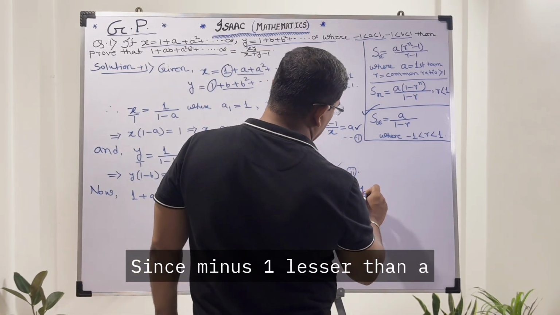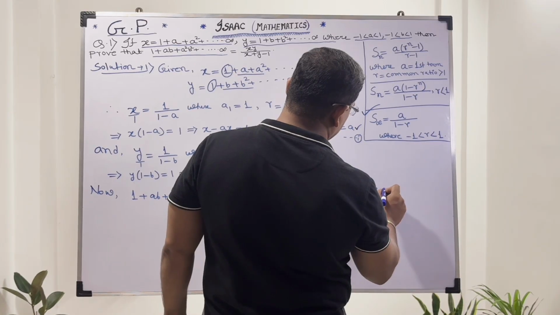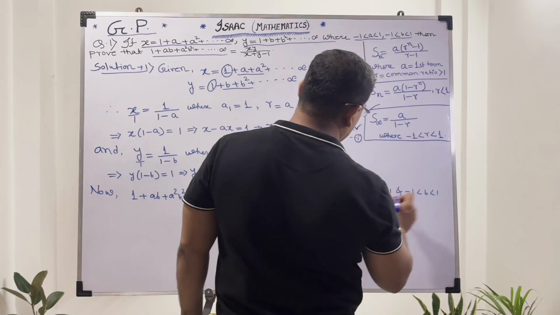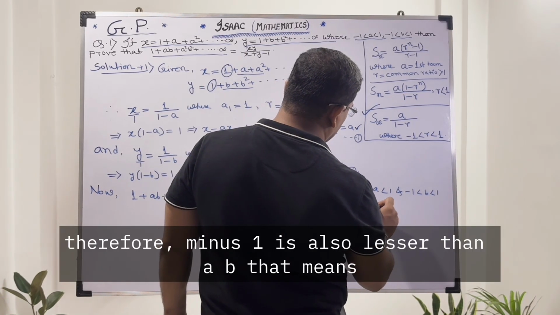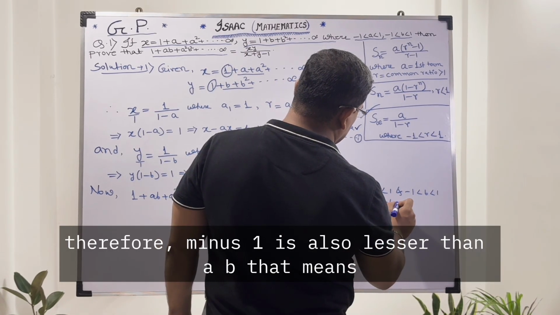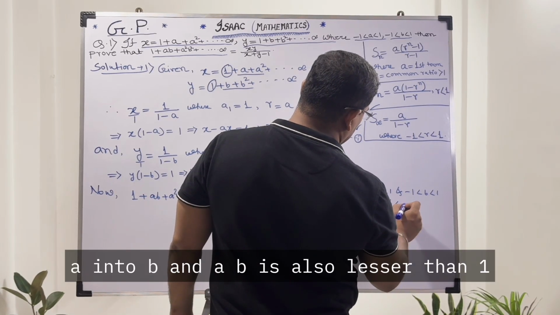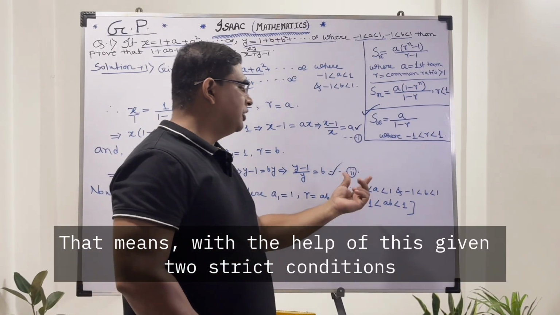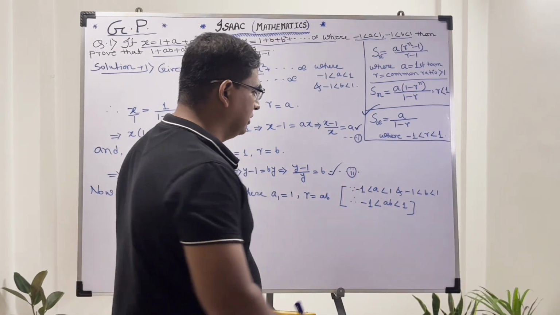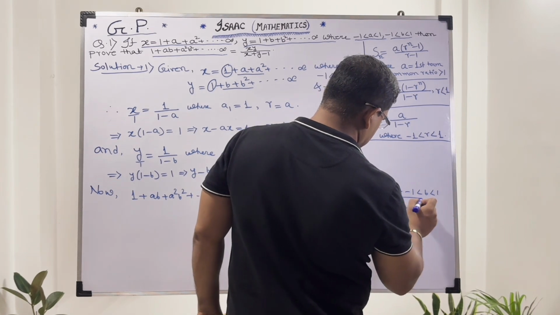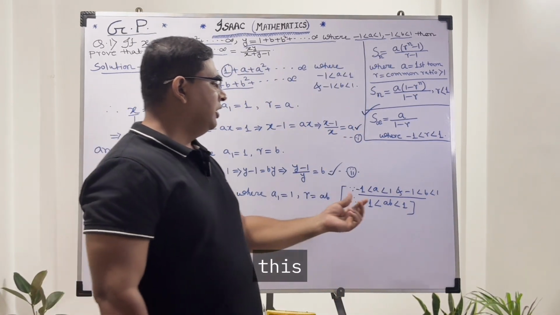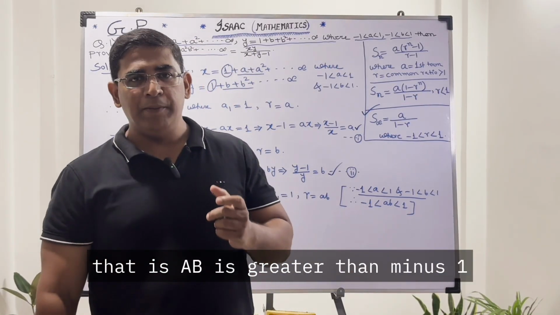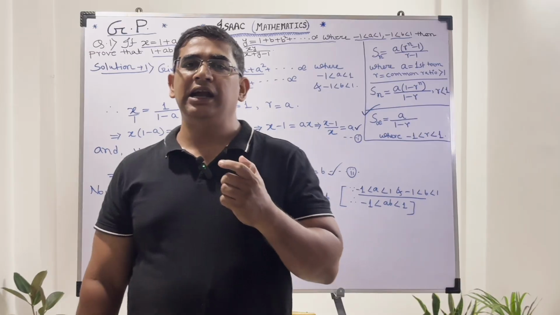Since minus 1 lesser than a lesser than 1 and minus 1 lesser than b lesser than 1, therefore minus 1 is also lesser than ab, and ab is also lesser than 1. That means with the help of these given two strict conditions, we get this new strict condition, that is ab is greater than minus 1 and lesser than 1.